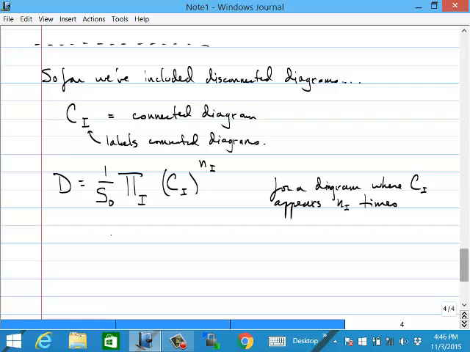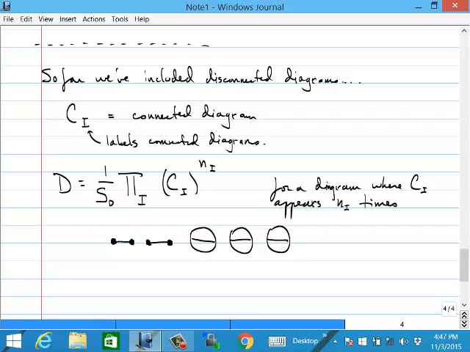Okay. So let's imagine that you have this connected diagram. And you want to write down, say, a general diagram where you have that connected diagram appearing twice. And if you want to make life more interesting, let's say that you have another connected diagram here that appears 3 times. Then, of course, you'll have symmetry factors of the individual connected diagrams, which are included in what I call Ci.